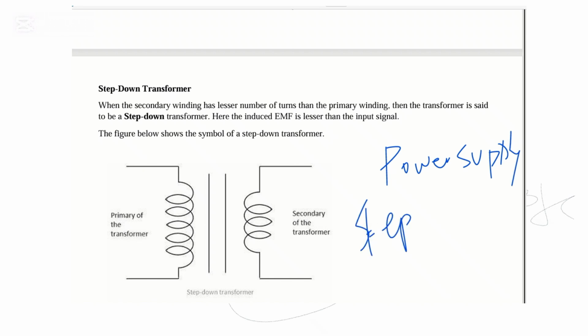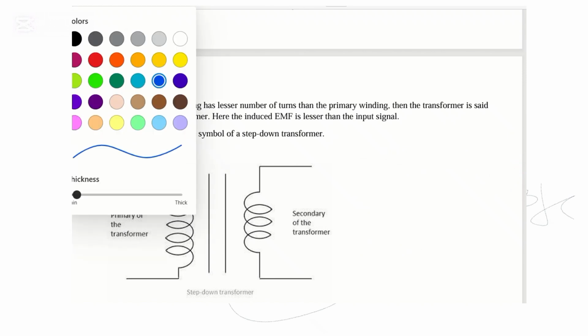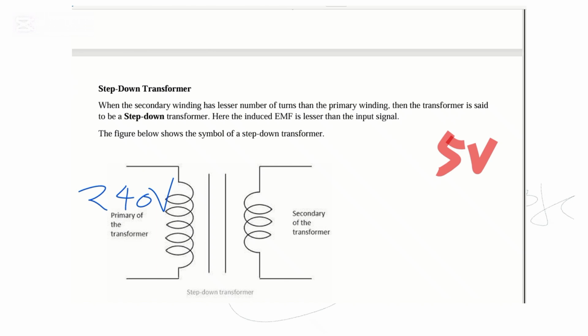Because let me say I want to achieve 5 volt at the output, whereby my input is 240 volt, like for us here in Kenya, between phase and neutral, 240 to 250, whatever, depending on what you measure. So I want to achieve 5 volt at the output of my power supply.